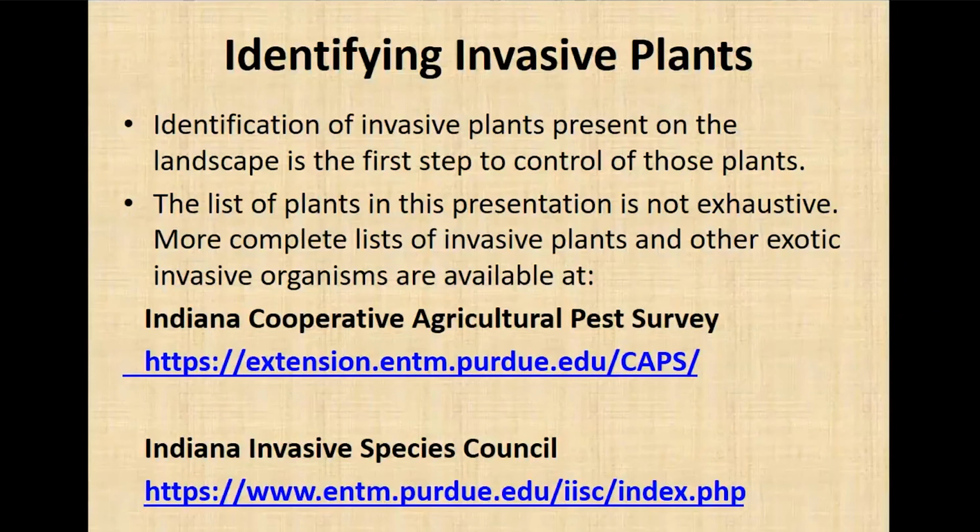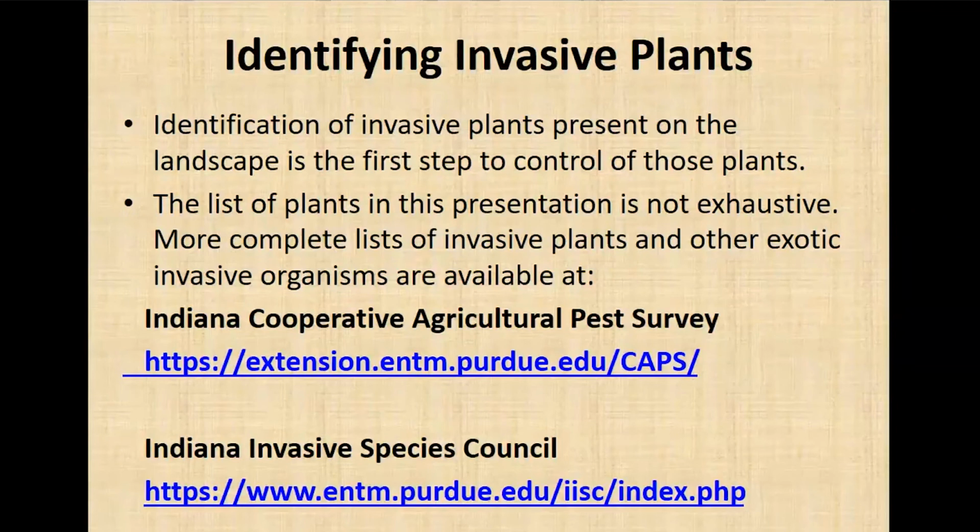So the list of plants I'm going to provide to you today is certainly not exhaustive. It's a very long list of plant material that has the potential to be invasive in a variety of different landscapes. And the level of infestation and invasiveness varies across the landscape as well. But you can access much more complete lists for Indiana and also regionally and nationally through some of the cooperating websites here.